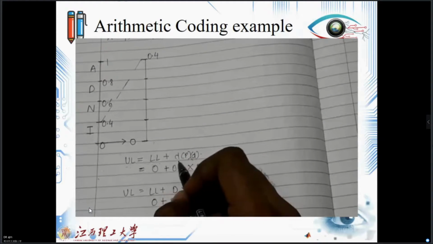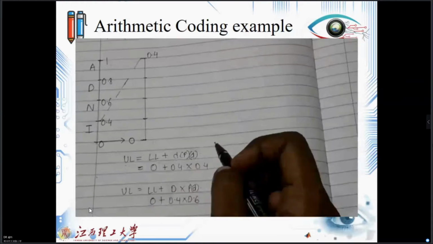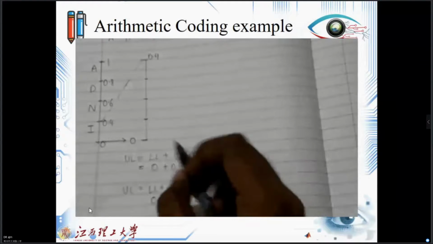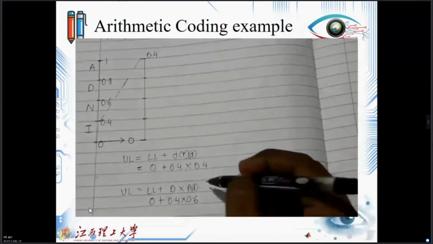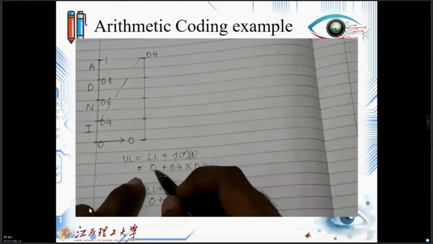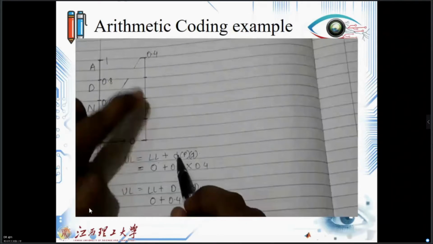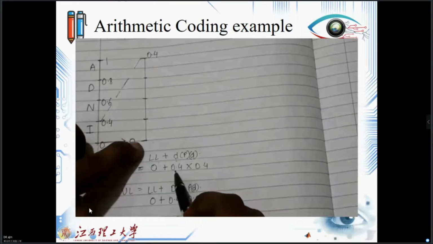Now you will see that he calculated like this: the probability multiplied by the difference between upper and lower. Lower is 0. The upper limit is 0.4, and the probability is also 0.4.